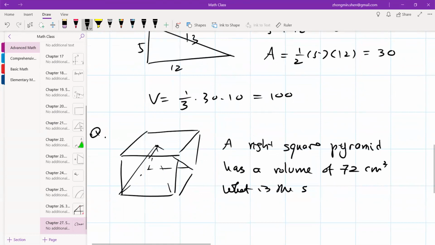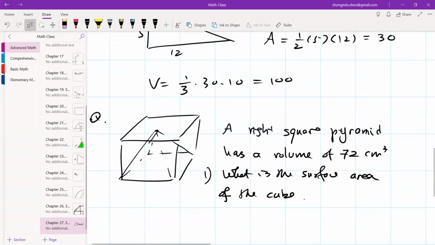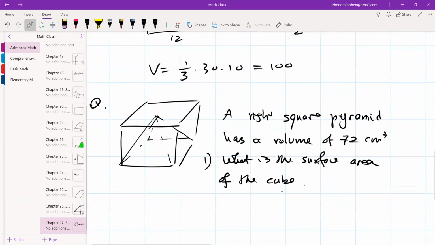What is the surface area of the cube? Okay, and that's the easy question. But the second question is much harder. What is the surface area of the pyramid? That'll be much harder.